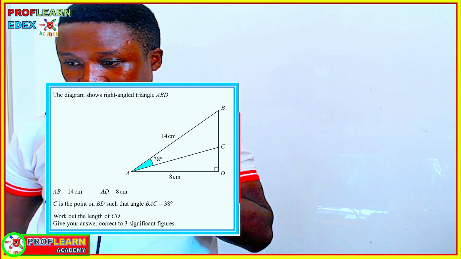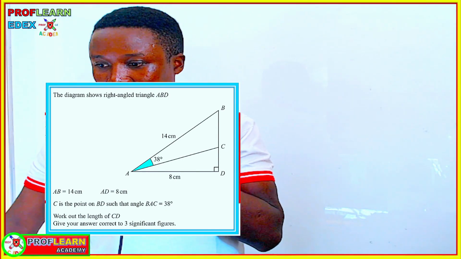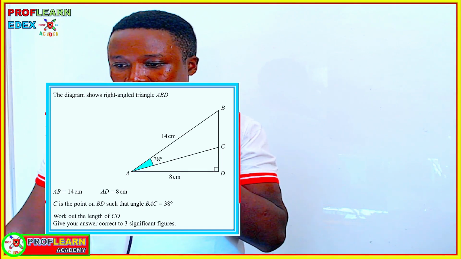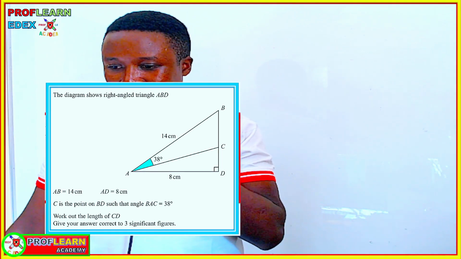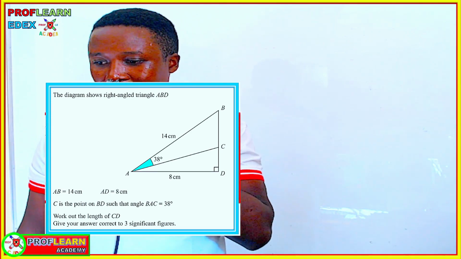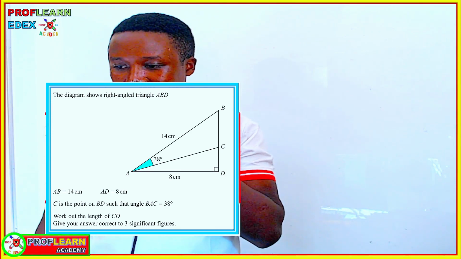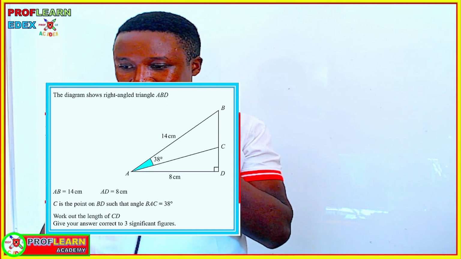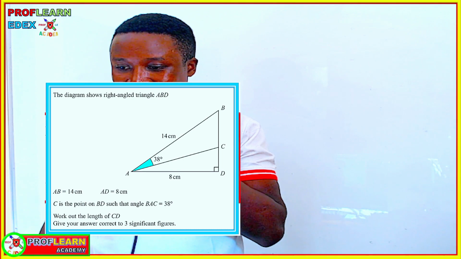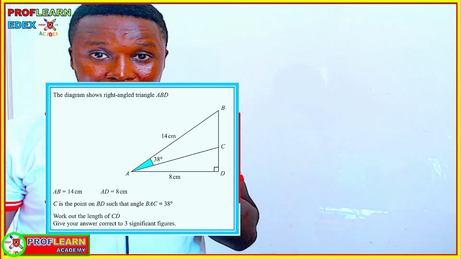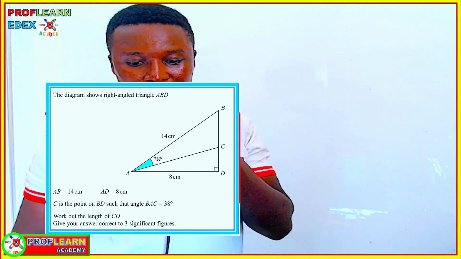All right, here we are told that the diagram shows a right angle triangle ABD, and we are told that AB equals 14 centimeters, AD equals 8 centimeters, C is the point on BD such that the angle BAC is 38 degrees. Work out the length of CD. We're supposed to work out the length of CD and give our answer correct to 3 significant figures.